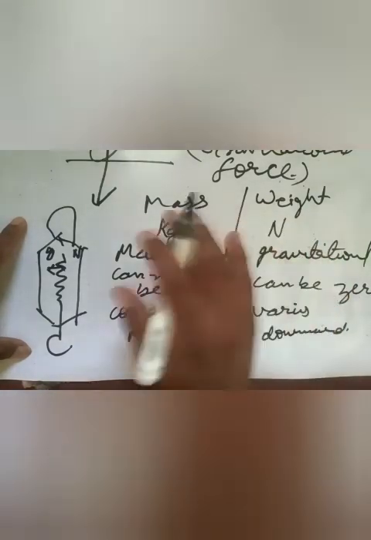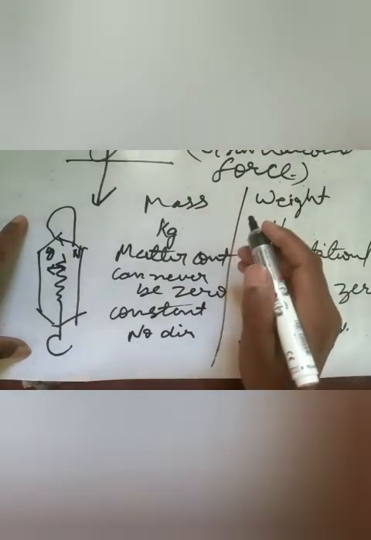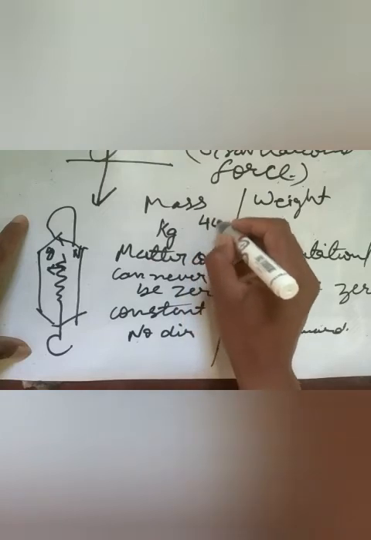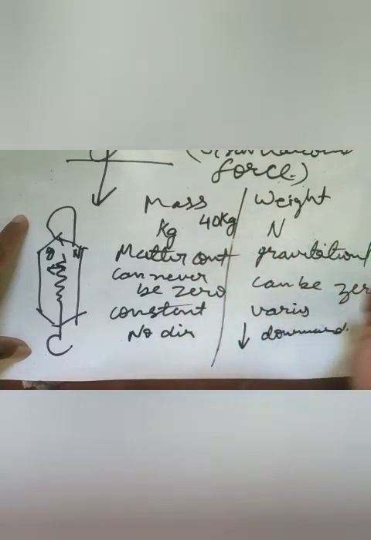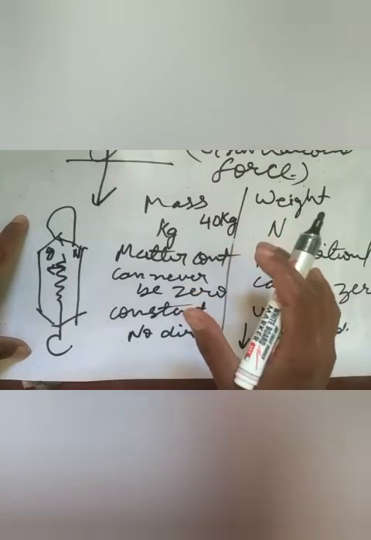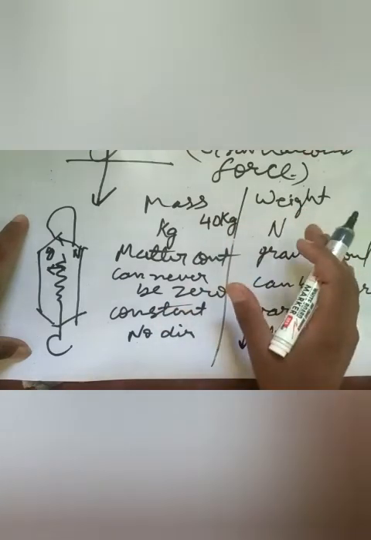So here I will tell you the easiest calculation: if your mass is 40 kg, then multiply it by 10. Why? I can't tell you its actual reason right now. It is beyond your scope.